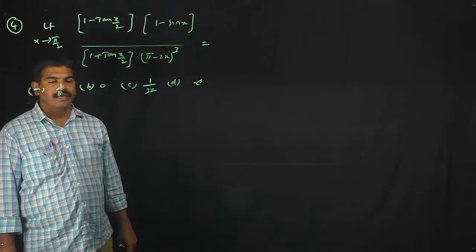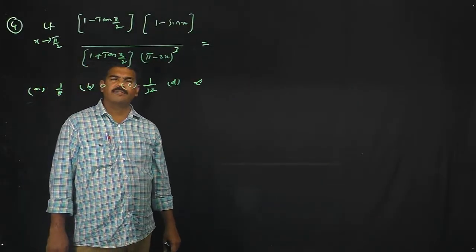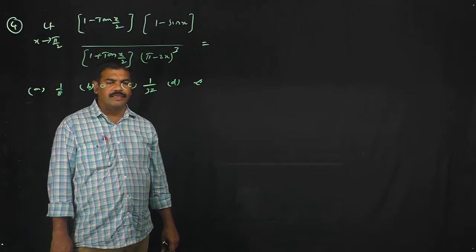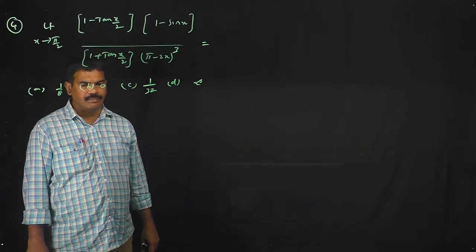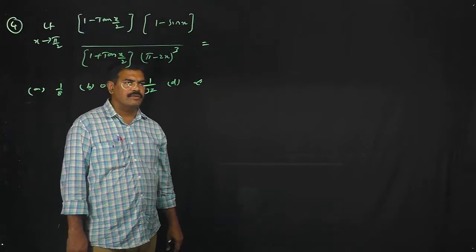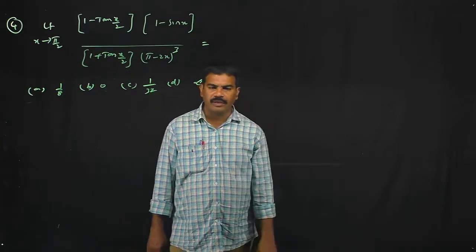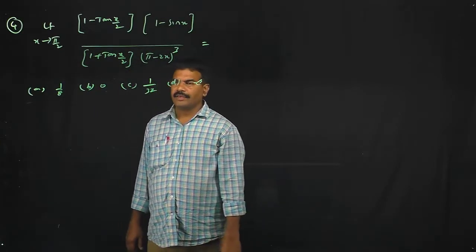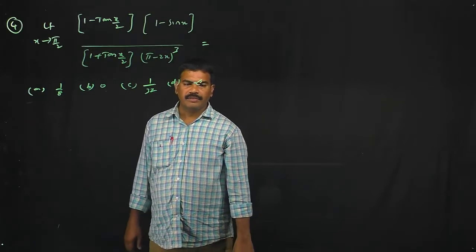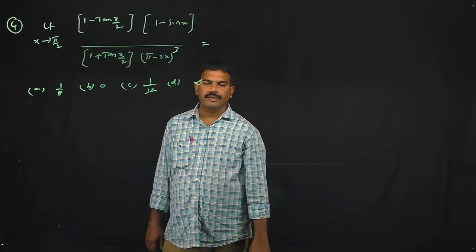Students, see another problem: limit x tends to pi by 2, (1 minus tan x by 2) into (1 minus sin x) by (1 plus tan x by 2) into (pi minus 2x) whole cube equals. The given options are A 1 by 8, B 0, C 1 by 2, D infinity.